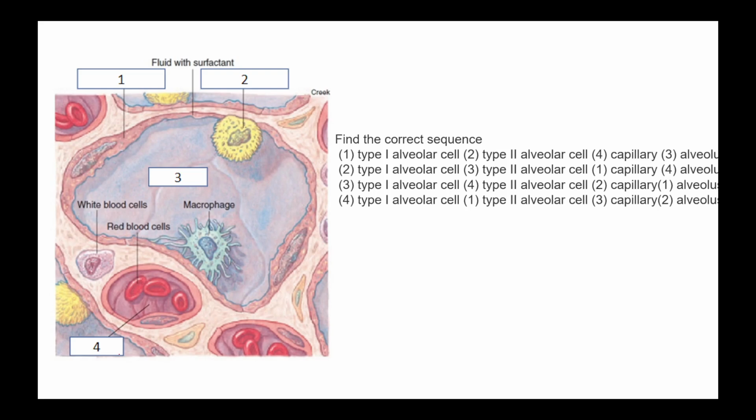Capillaries. Yes, these are the capillaries. We also have the white blood cells, and then the second one, what are these? Alveolar cell type 2. Yes, these are the type 2 alveolar cells, and what is their function?